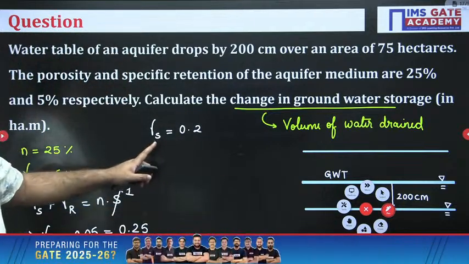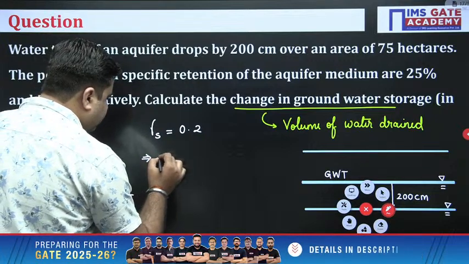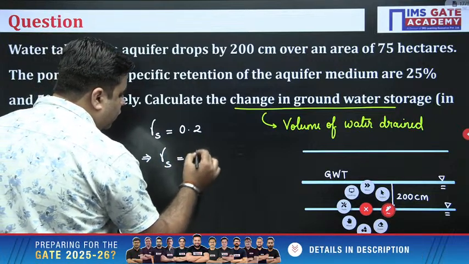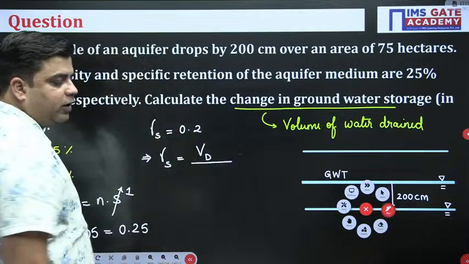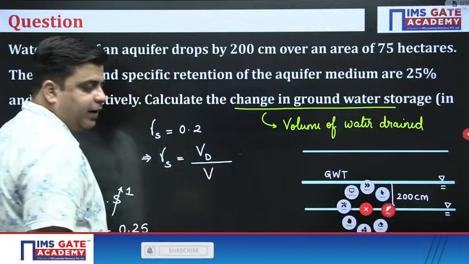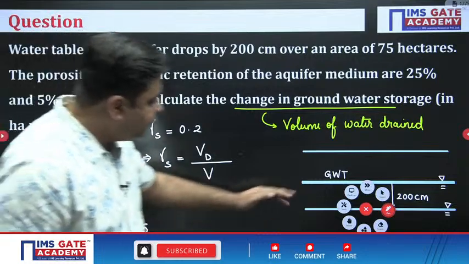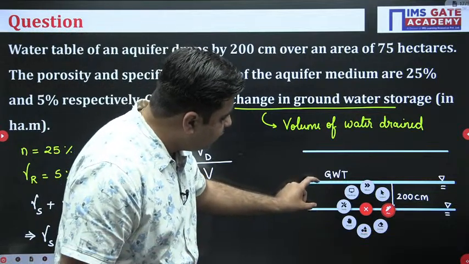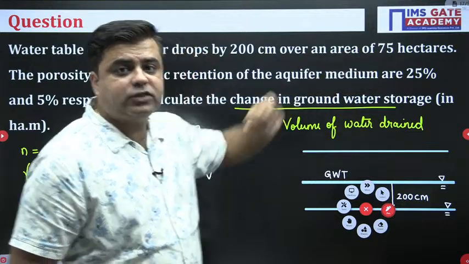Now once you know the value of specific yield, you can use the expression: specific yield gamma S is equal to volume of water drained, VD, divided by the volume of medium drained, V. So what is the value of V? The fall in groundwater table is 200 centimeter and it has taken place over 75 hectares of area.